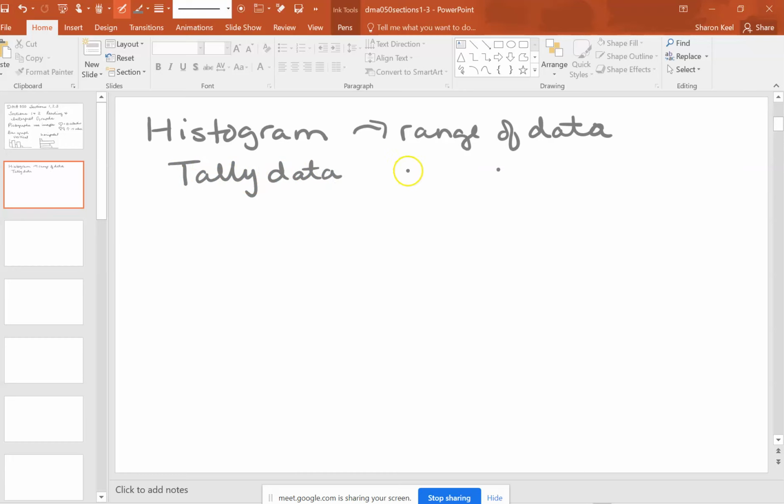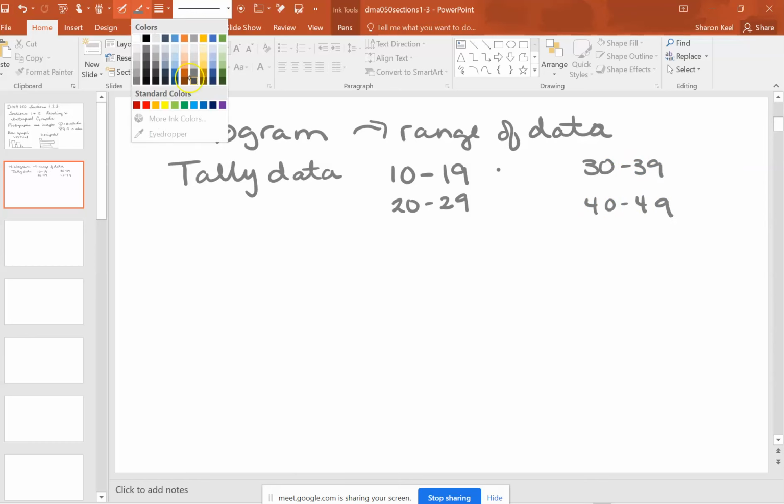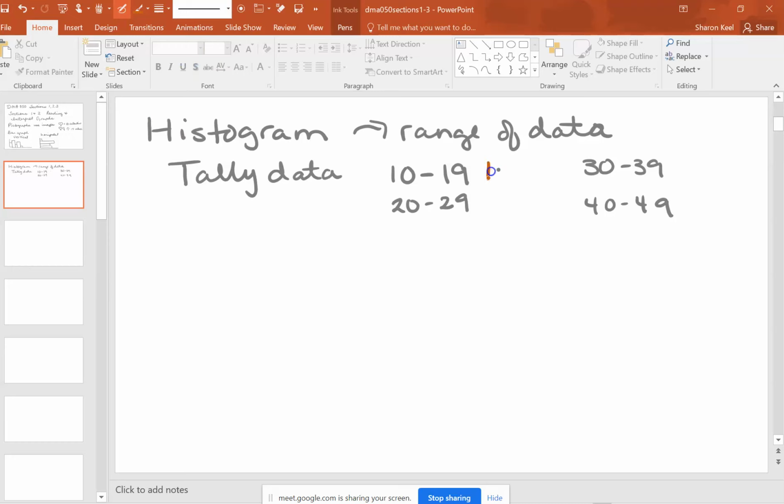It could be data for people from ages 10 to 19, 20 to 29, 30 to 39, 40 to 49. And as you're collecting the information, you would use tick marks to represent how many you may have of each.